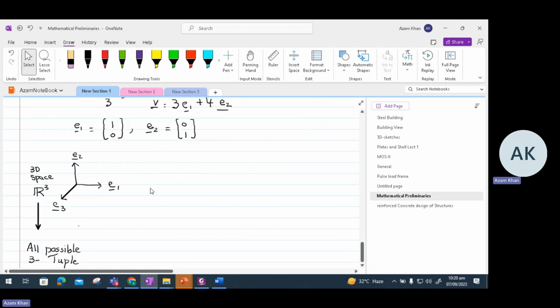Now, just a final word about the spaces which we deal with in structure mechanics. Normally, we deal with 3D spaces, and these are called reals as opposed to imaginary spaces. So we have real numbers involved in this space. It is shown as a double-lined R, or sometimes this line is made bolder.